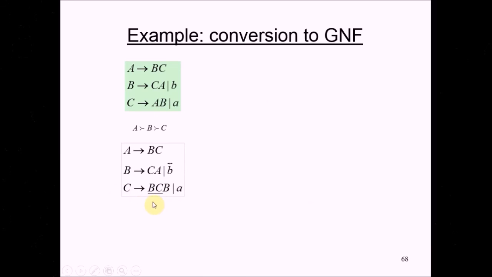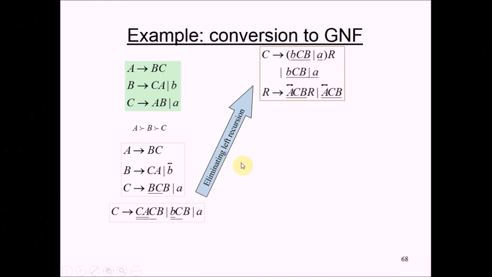So here we will choose small c and BCB. By substituting the above A and B in this, we are getting it in GNF form, and we have eliminated left recursion by using the variables A and B.